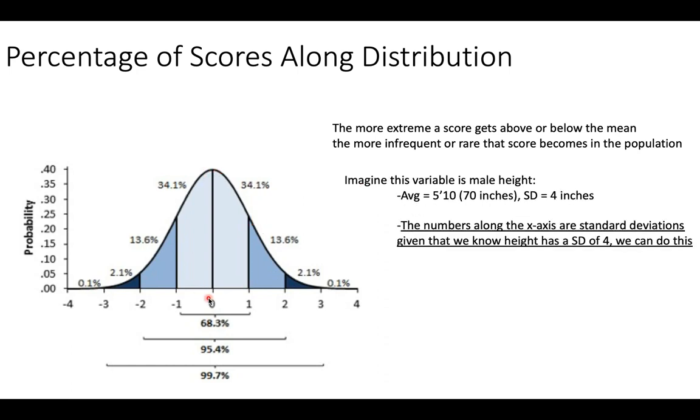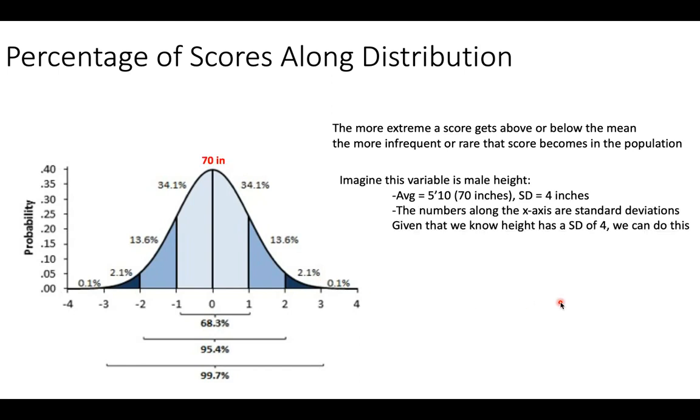And then as we move out along the x-axis, each of our jumps to a new standard deviation indicates a shift of 4 inches from the mean. So what that means is that if the mean is 70 inches, 5'10", then men who are 1 standard deviation above the mean have a height of 74 inches or 6'2".